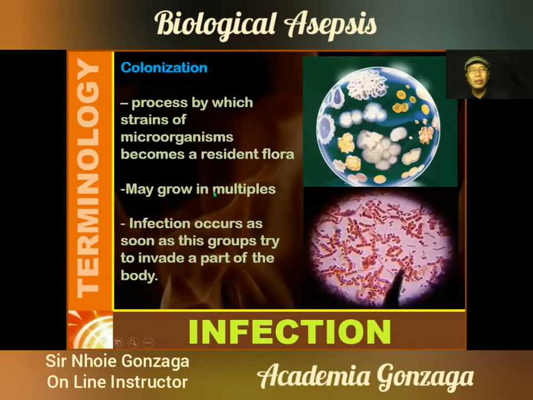So it may grow in multiples. Infection occurs as soon as these groups try to invade a part of the body. So it is very possible that bacteria enters the body and forms a colony somewhere. Now, when it is already very strong, it invades the kidney, it invades the lungs, okay? And that is where infection happens.